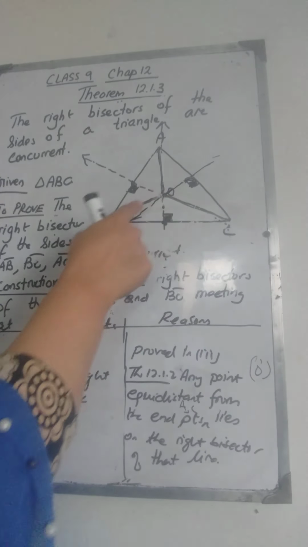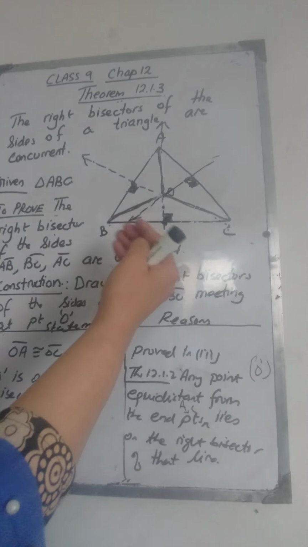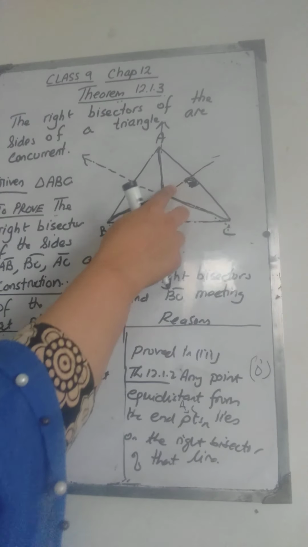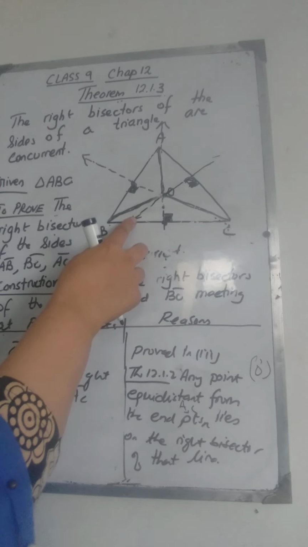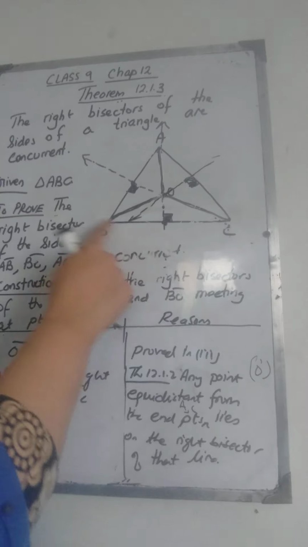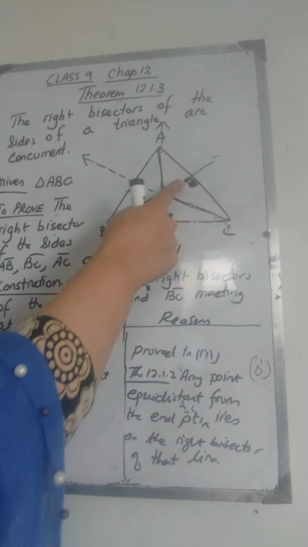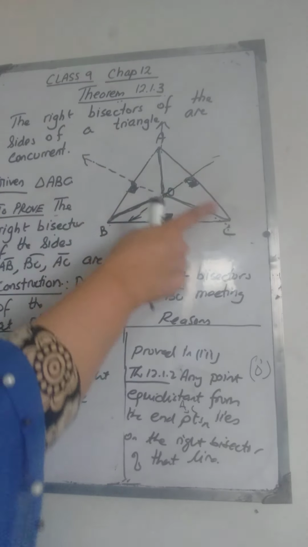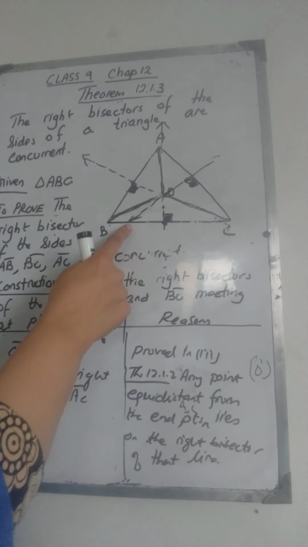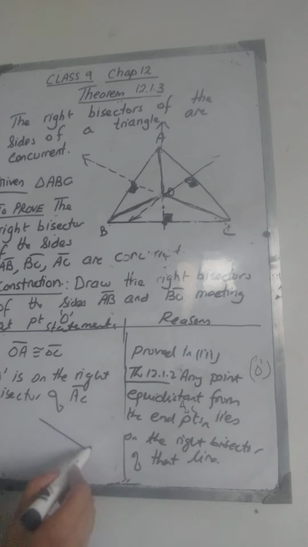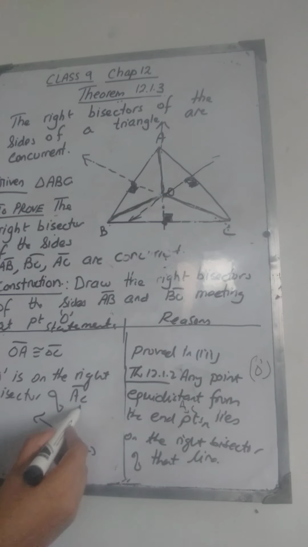Having O on the right bisector is the same as saying the right bisector will pass through O. So as the two right bisectors were already intersecting at O, the bisector of AC also passes through O. All three lines cross each other at the same point.